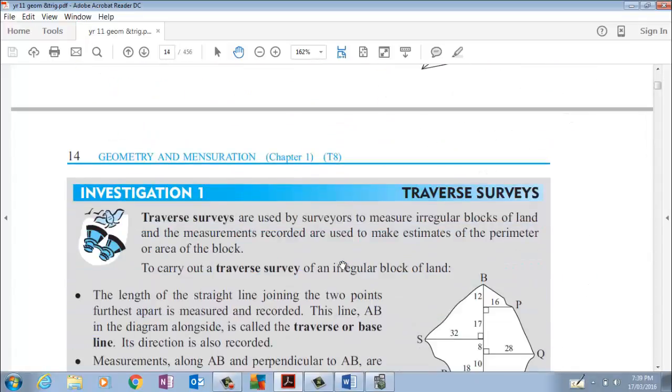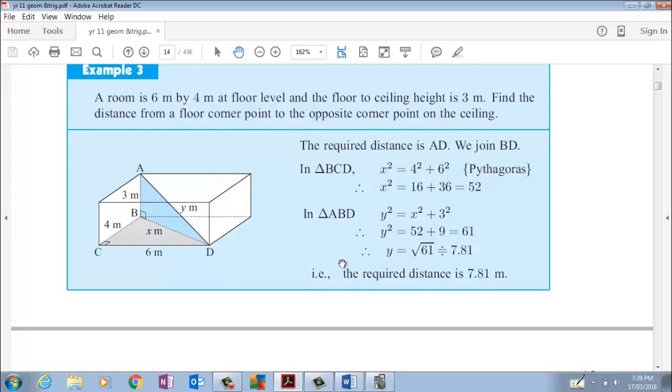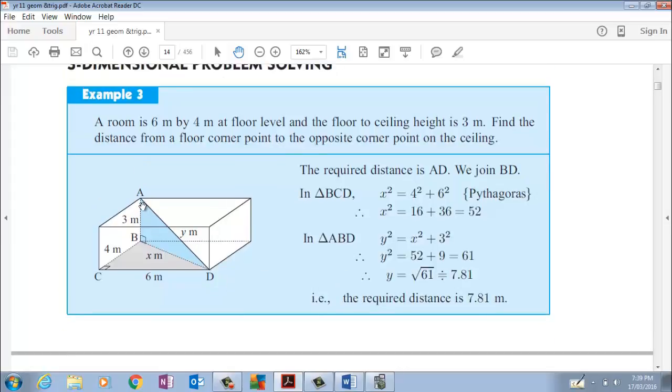And you can get harder ones where it's three-dimensional, like this. If you had to work out the distance from A to D, you have to do 2 rules. First of all, if you look at the right-angled triangle from A to B and B to D, you can see that AB is 3 metres, but we don't have BD. BD can be worked out by triangle BCD, because we have 4 and 6, and using Pythagoras we get x.